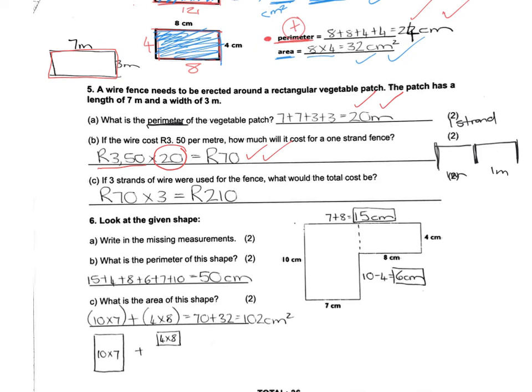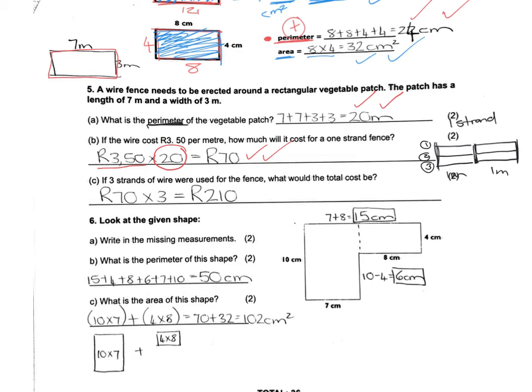Now, if 3 strands of wire were used, I drew this on the board for you and I said, remember, this is what a 3-strand fence looks like. That means I walked around not once, not twice, but 3 times around the vegetable patch to put the wire around 3 times.